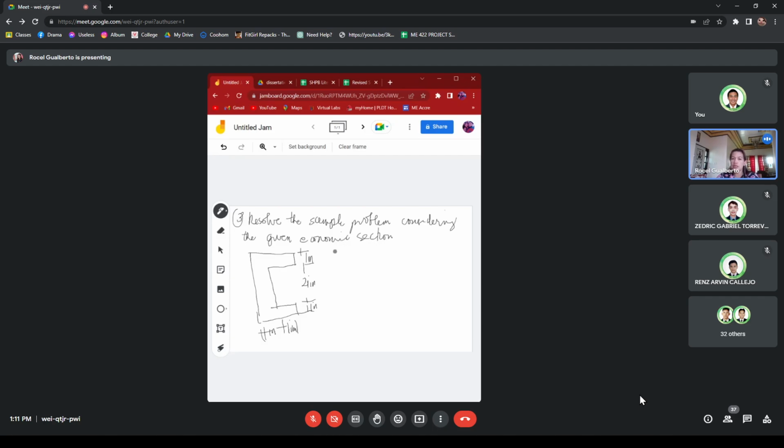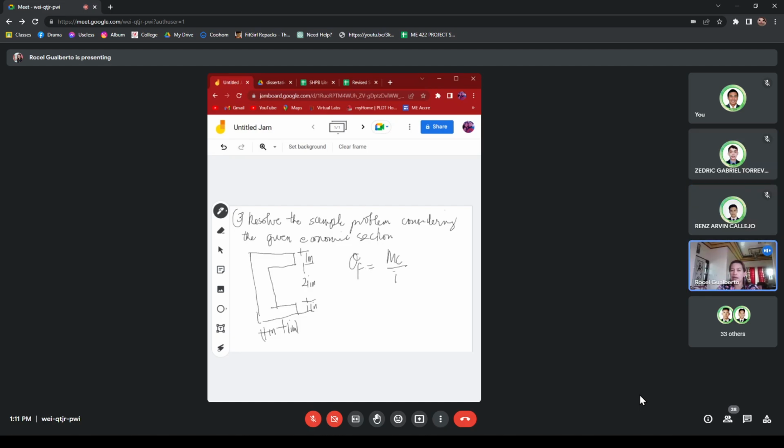We will be solving the sample problem. So again, you will start with the flexural stress, MC over I. So yung C and I lang po dito yung mababago. From previous nyo po na solution, yung maximum moment would simply be the same, kasi wala naman po tayong binago with the loads on the beam.